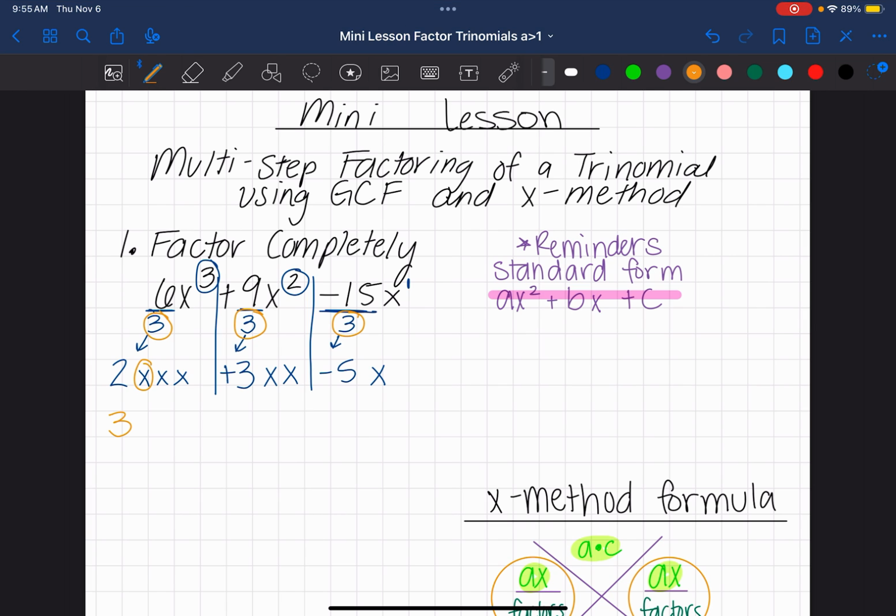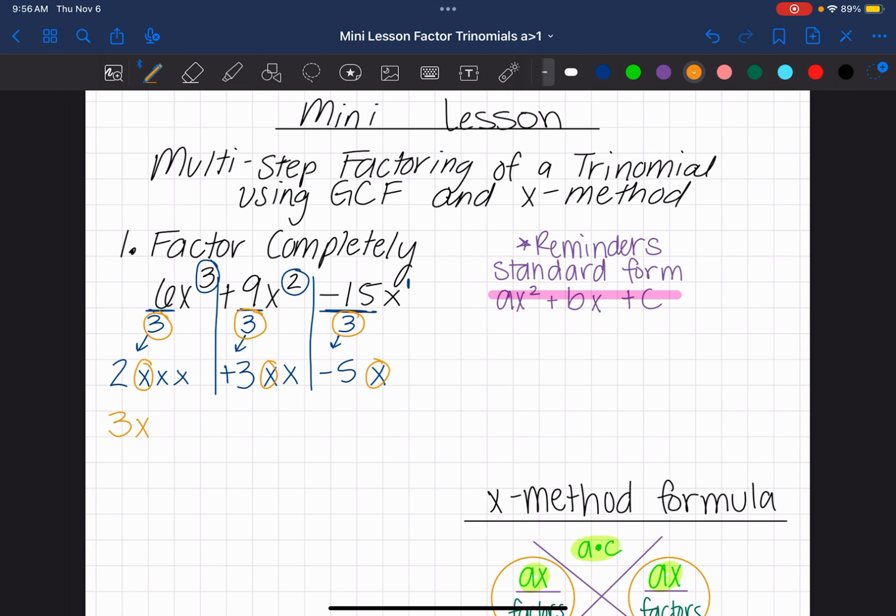So if I go circle, circle, circle on my x's, I've just created one group of x's. Now if I try to make another group of x's, notice the last term has no more x's to create a group, which indicates that we are done finding things to factor out. In this example, we made one group of x's, so that's going to result in just an x.